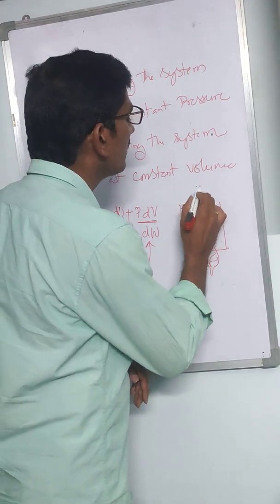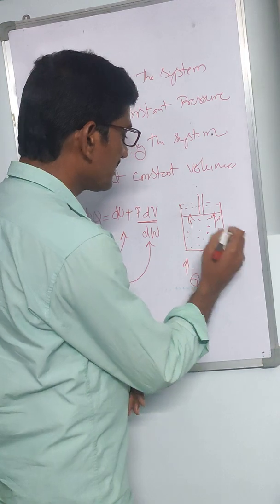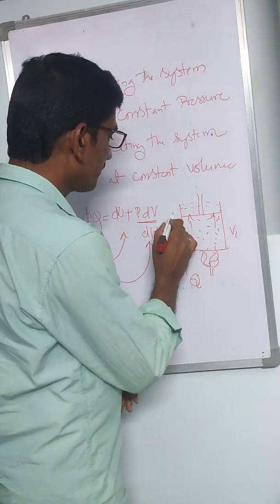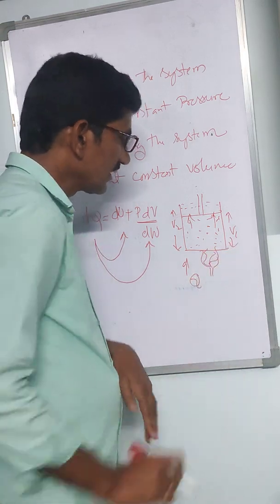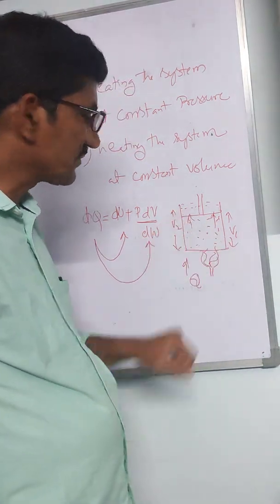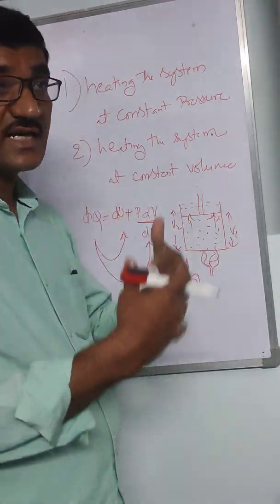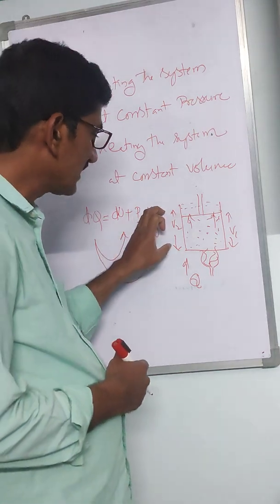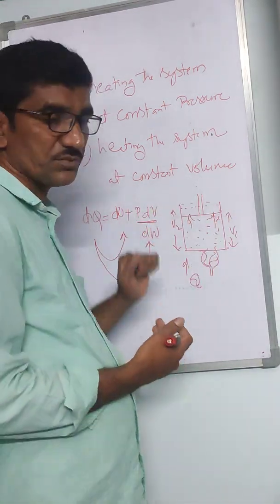Suppose that now your piston has reached this position. What is happening here? Your system volume is changing from the original volume V1 to the new volume V2.